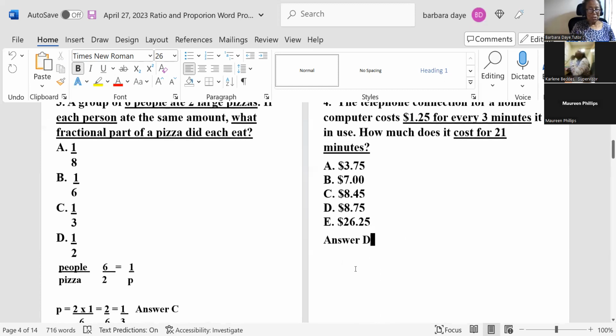The ratio proportion. It'd be $1.25 over 3, and let me just put here cost.